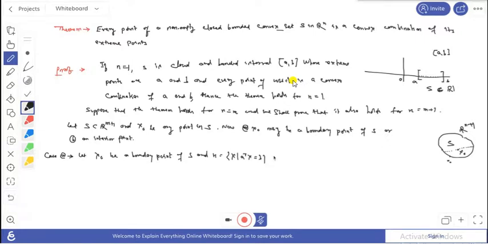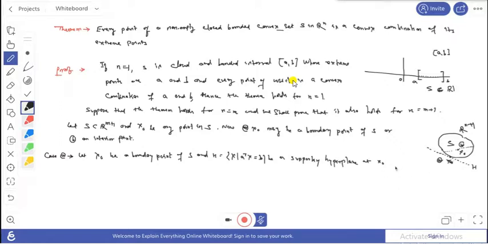This is the hyperplane, and let it be the supporting hyperplane at that point x naught. In this first case A, suppose there is a boundary point, so there is a hyperplane H which is passing through this point. So this is case A and this is case B. So x naught lies on this boundary.